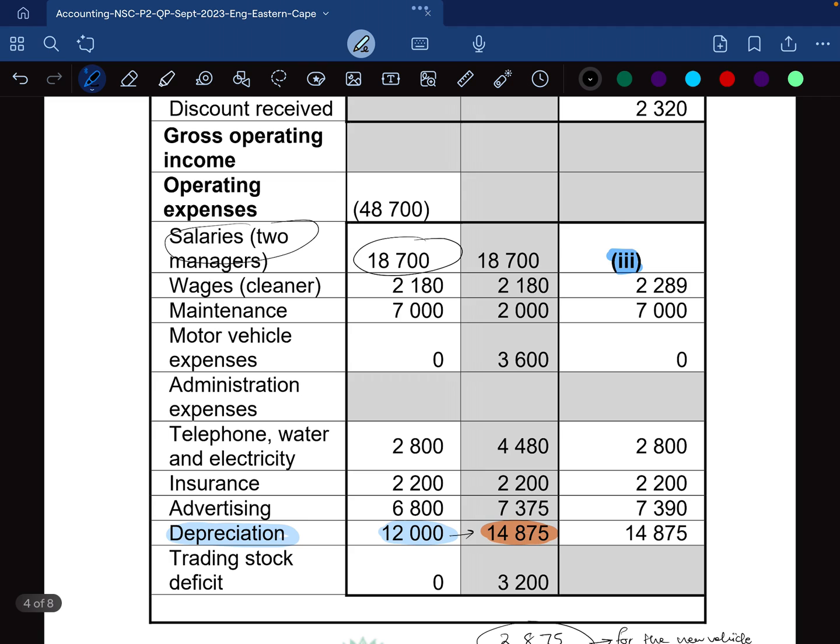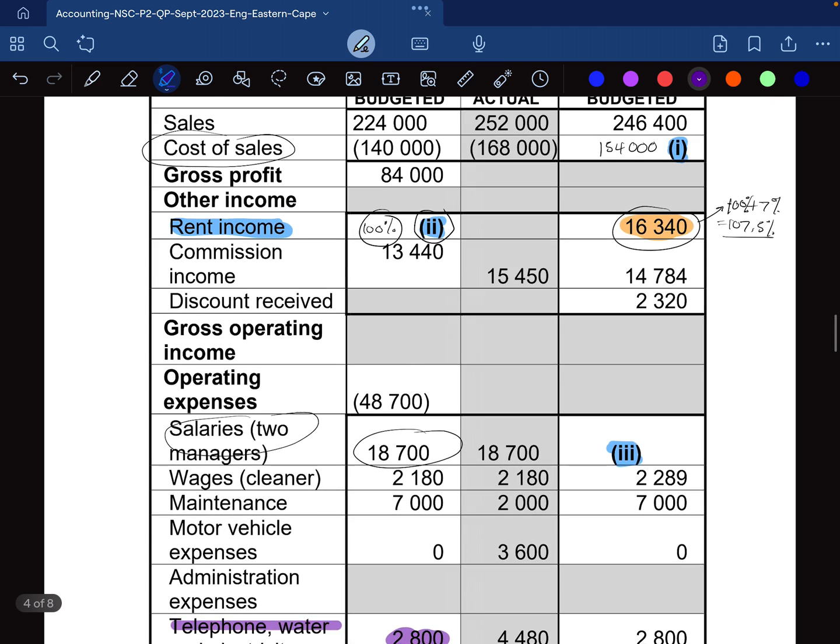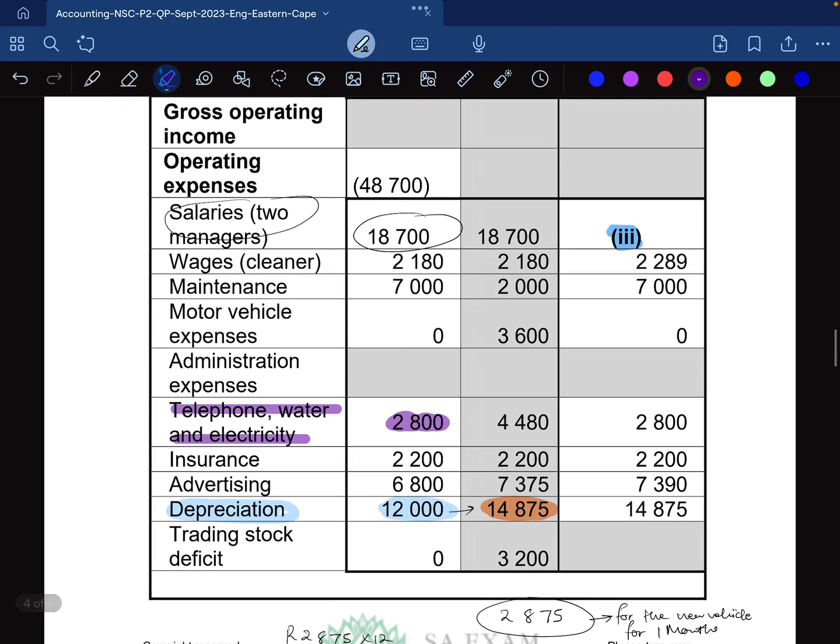So the first thing, telephone, water, and electricity, we'll just go onto our projected statement of comprehensive income. Let's just highlight telephone, water, and electricity. You can see that this is our budgeted amount, 2,800. Then we have our actual amount of 4,480. First things first, you can see that this is most definitely over budget. We have overspent.